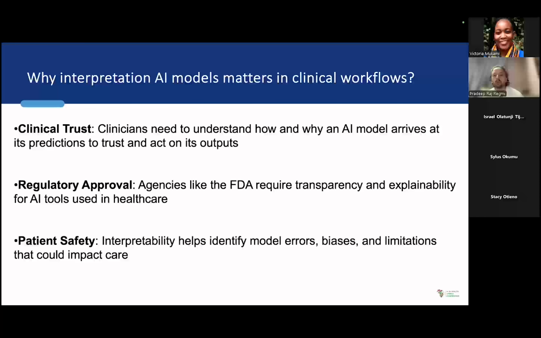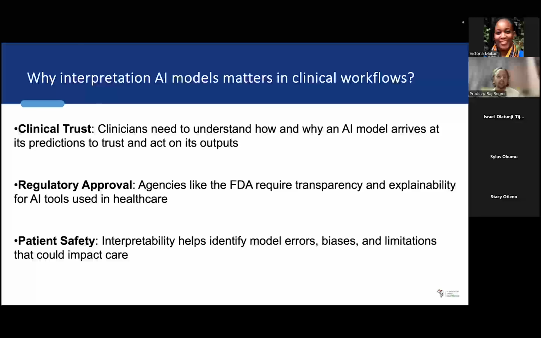management. So, does interpretation matter in clinical workflow? Yes, it does. And these three things matter most while doing interpretation. One is clinical trust. Clinicians need to understand how and why an AI model arrives at its output, and he or she must trust it. Another is regulatory approval.